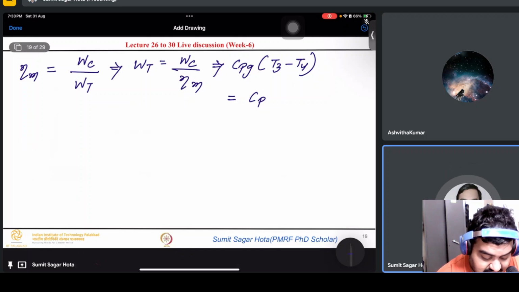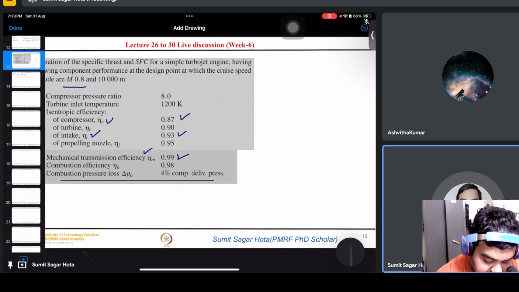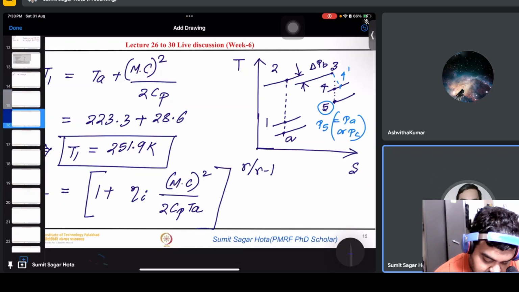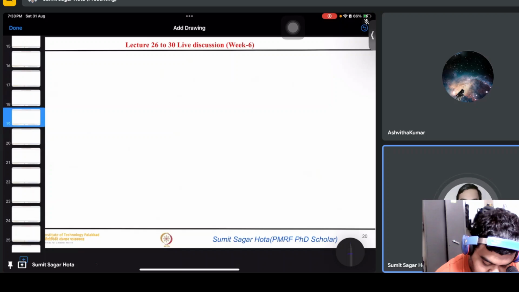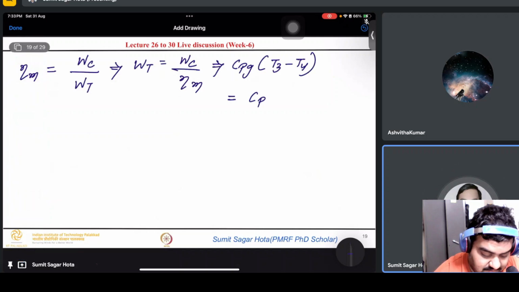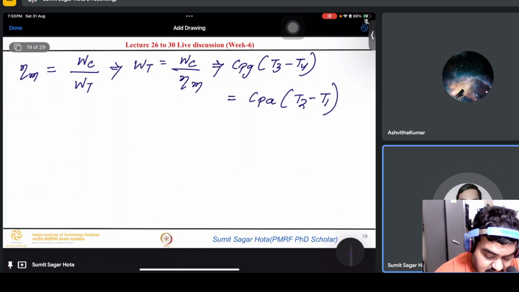It's given in the question T3 as 1200 Kelvin, and for that 1200 Kelvin you have to find out the corresponding Cp value. It should be given in the problem for sure. One table will be given, from there you have to find the values of Cp for the corresponding temperature conditions. But in the compressor case it is at the ambient condition, so there we have to consider the Cp for the air.